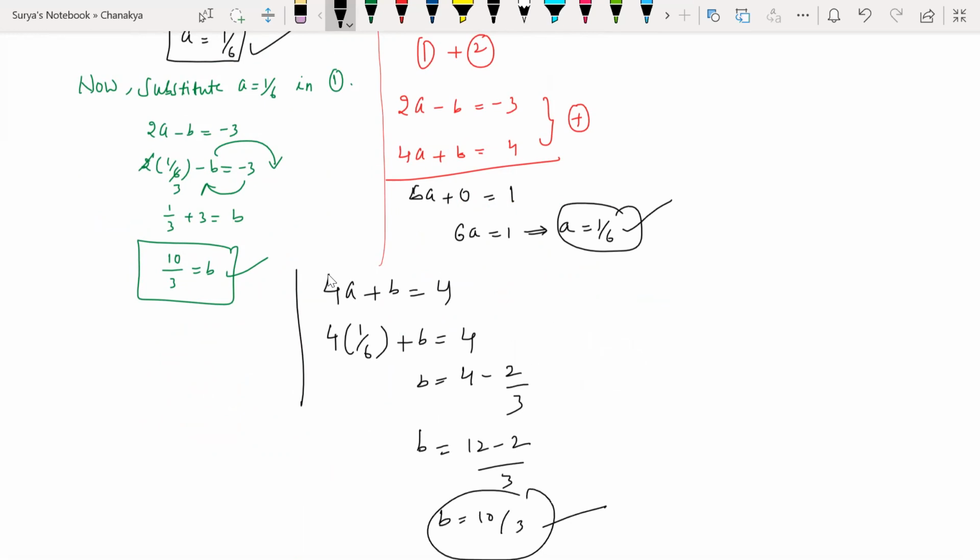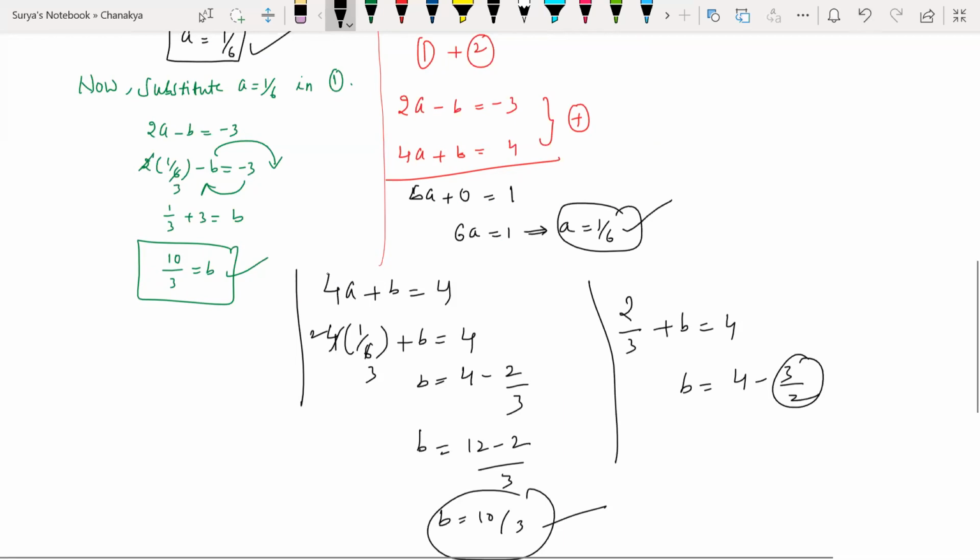Same answer. Sir, but why don't we take the reciprocal of 2 by 3 while taking it to the other side? Look at this here. Why do we need to take that? See here, I have 2 by 3 plus b is equal to 4. So why are you taking minus 3 by 2 here? Basic calculation, man. Why do we need to take the reciprocal over there?